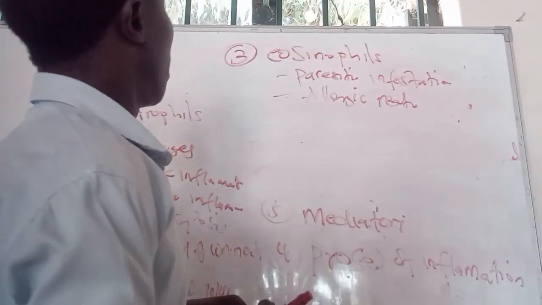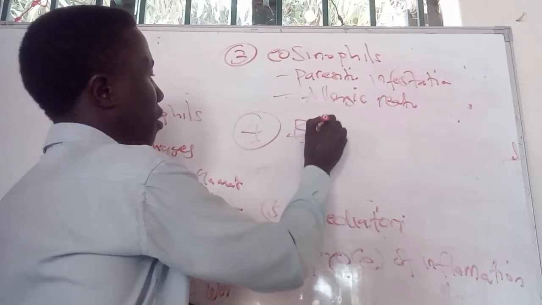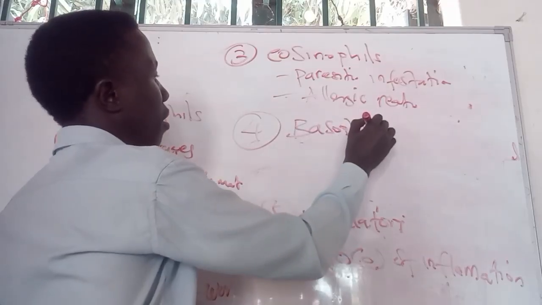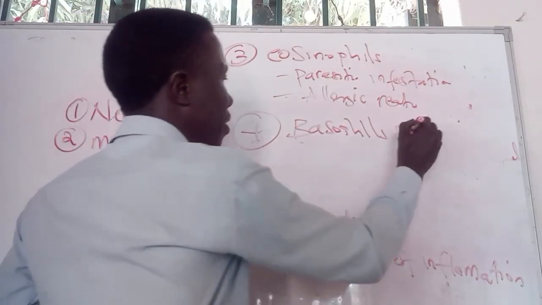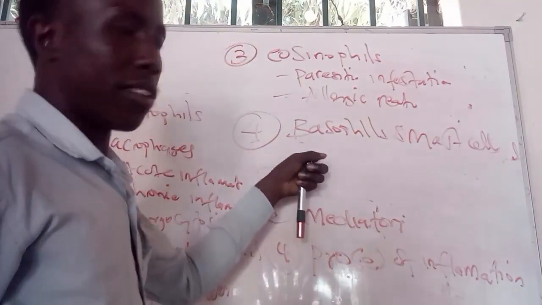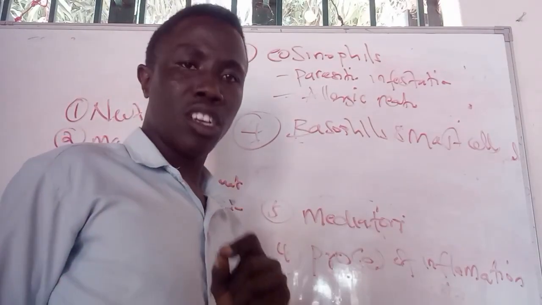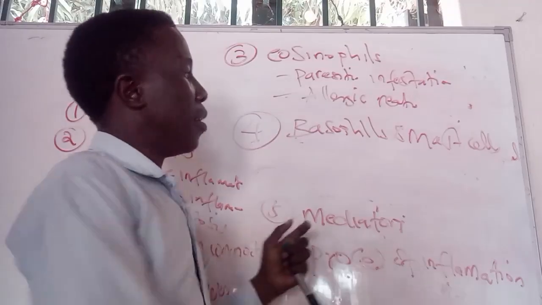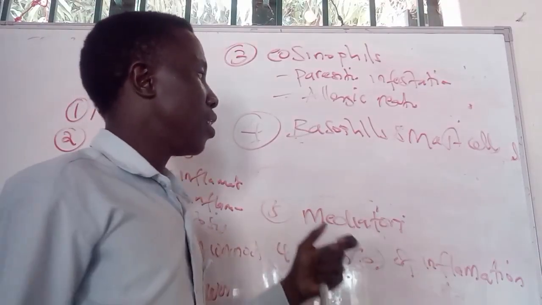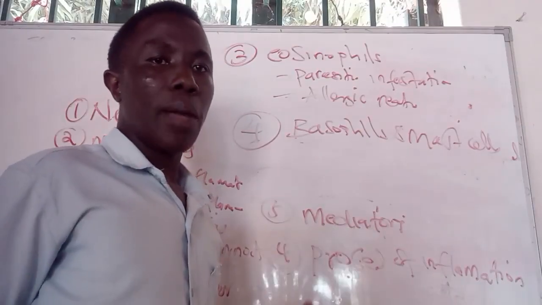Then we continue and look at the fourth one, which is the basophils and the mast cells. Basophils and the mast cells are majorly present in allergic reactions, and they are the major cells that help in the production of these inflammatory mediators.